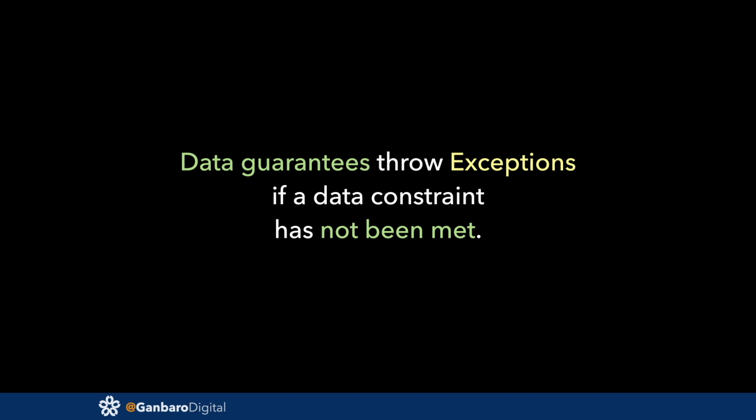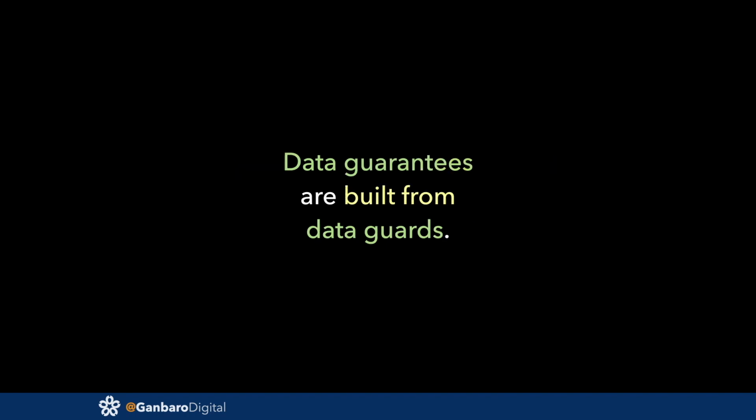So we use something called data guarantees. And their job is to throw an exception if a constraint's not been met. Now, to make sure that we're not repeating ourselves, our guarantees don't create new tests. All they do is they call data guards.